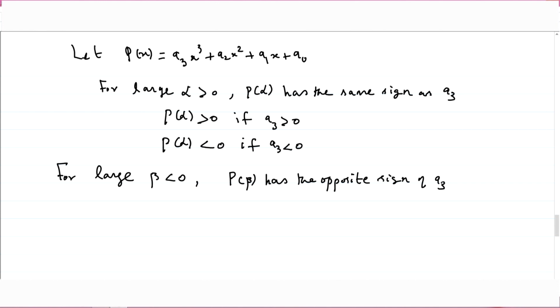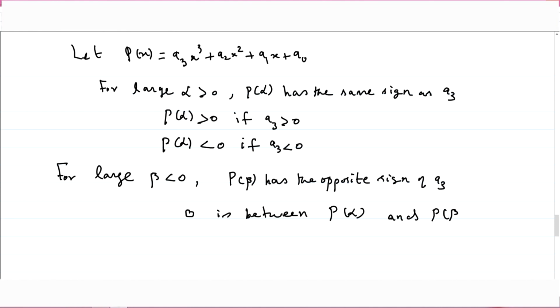So, we have p(alpha) for large positive alpha, and p(beta) has the opposite sign to that of p(alpha). Thus p(alpha) and p(beta) are of opposite signs, and hence 0 lies between p(beta) and p(alpha). Clear?